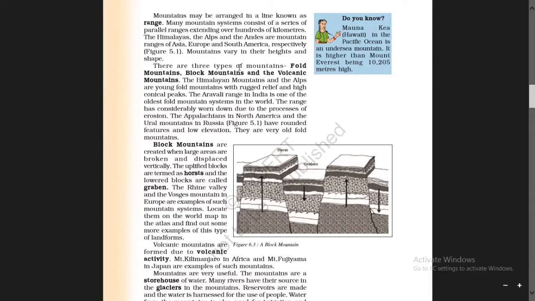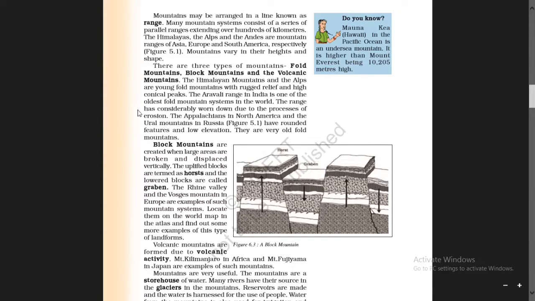There are three types of mountains: fold mountains, block mountains, and the volcanic mountains. The Himalayan mountains and the Alps are young fold mountains with rugged relief and high conical peaks. The Aravalli Range in India is one of the oldest fold mountain systems in the world.